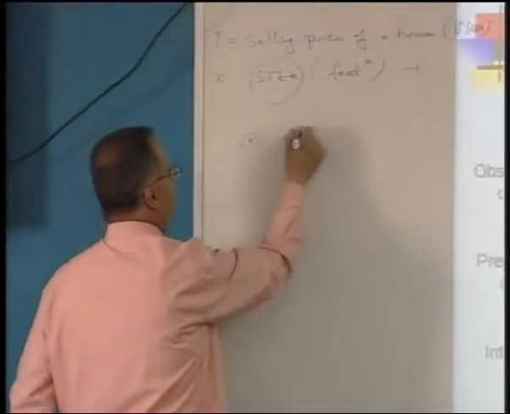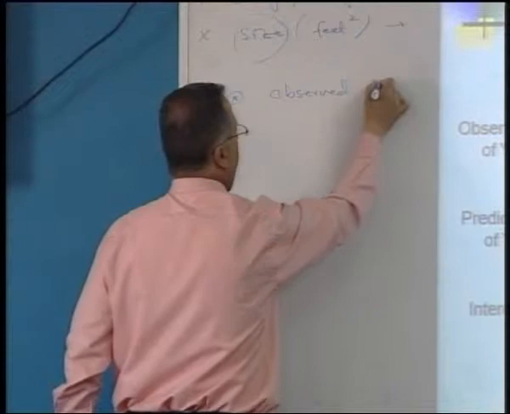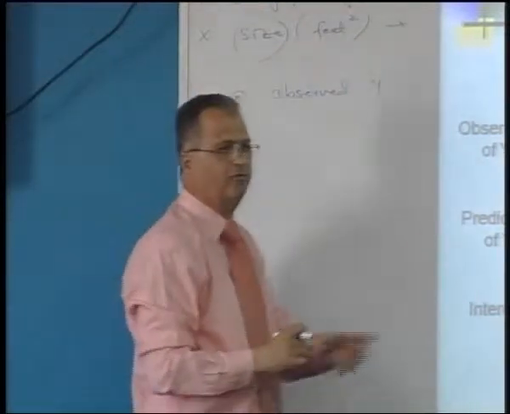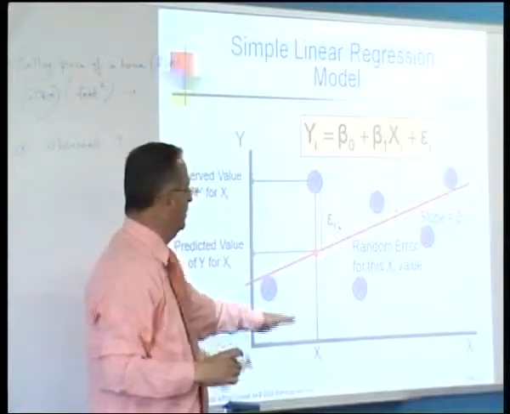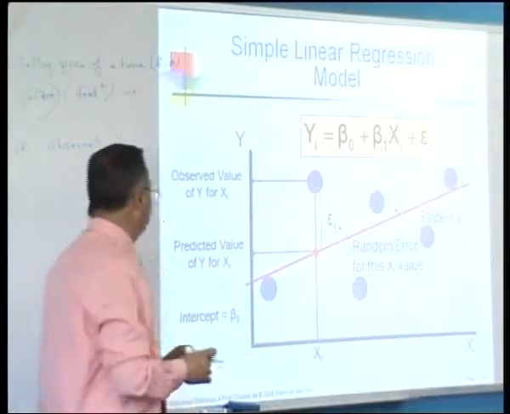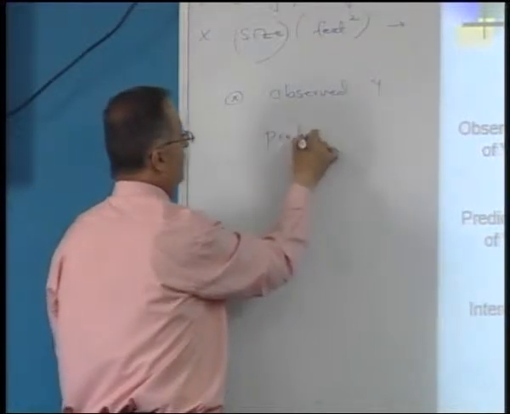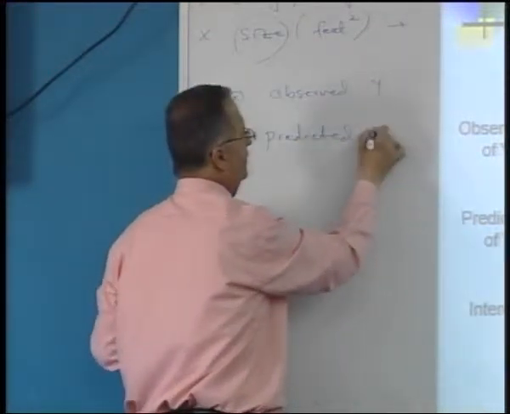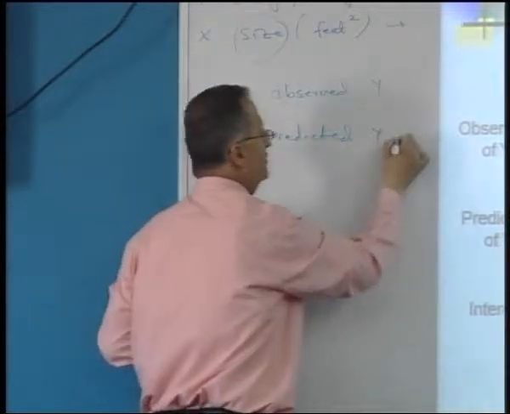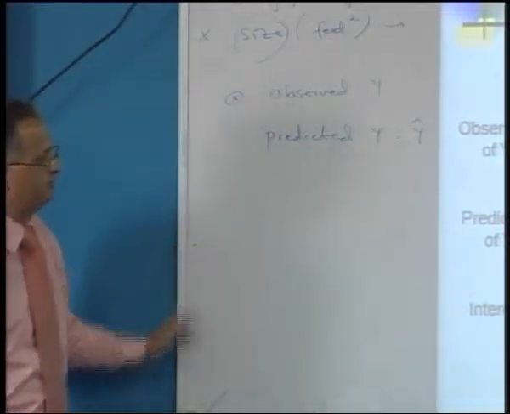So we have observed y, the observed value of y for each value of x. The regression line is the red one, and it gives the predicted values. Predicted y is always denoted by y hat.